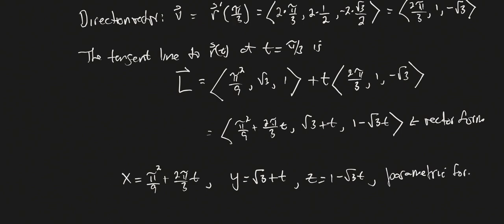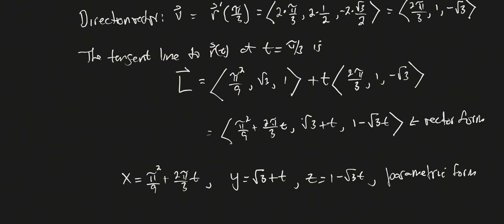So the big difference now is that to find the tangent line to one of these vector functions, we need the original vector to give us the point the curve passes through, and then we need the derivative vector to get the direction of the tangent line.